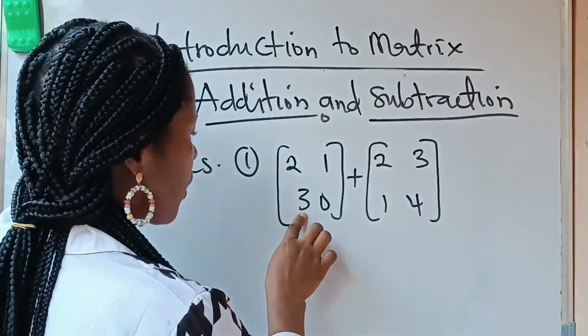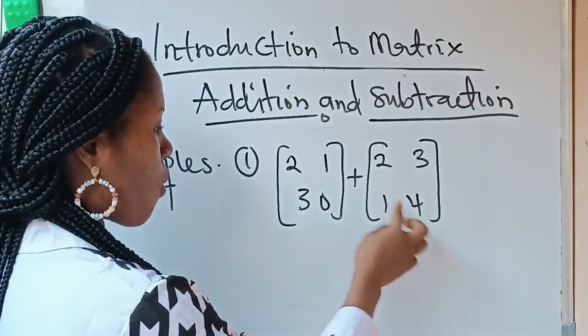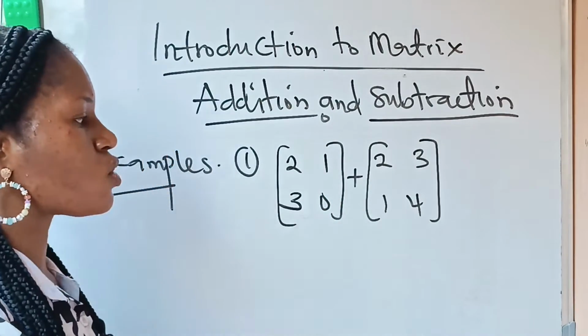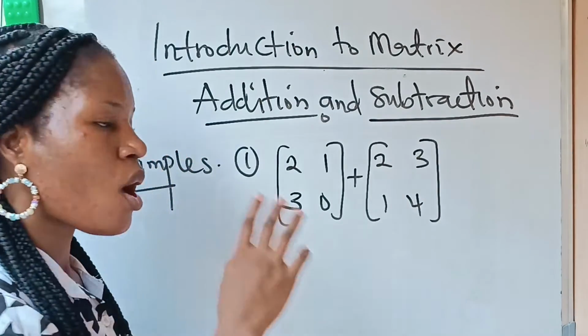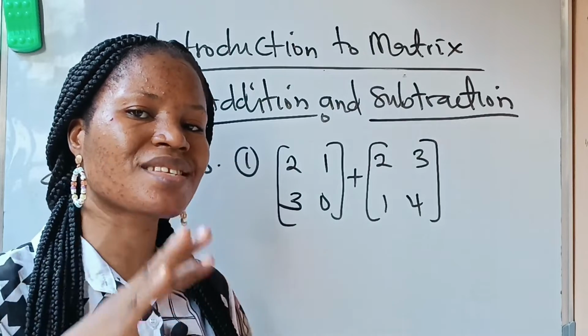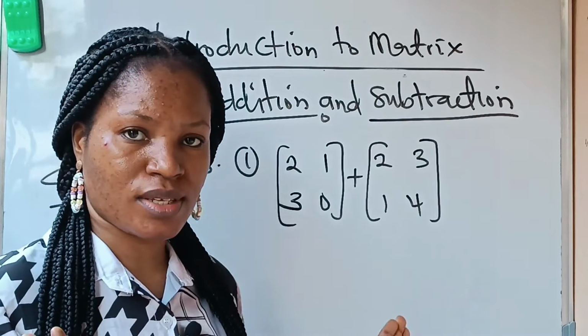Now 3 and 1 are corresponding. 0 and 4 are corresponding. So to add these two matrices together, we add the corresponding elements, the ones occupying the same position in their respective matrices.